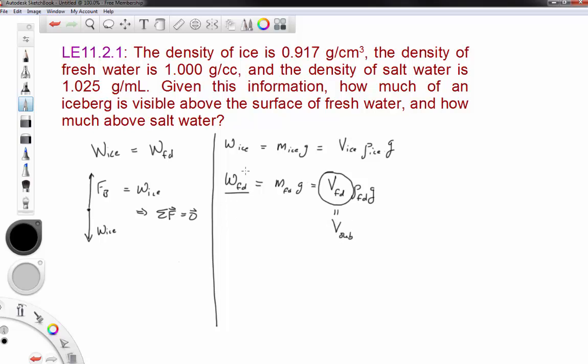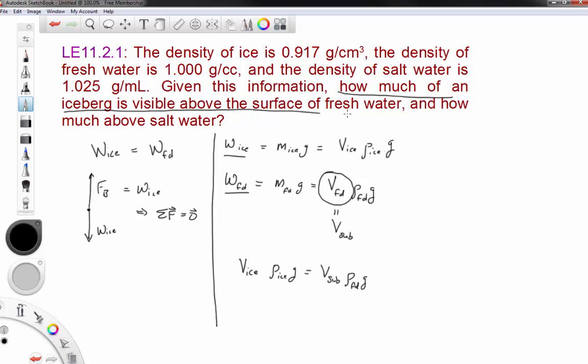So since this and this are equal, we should be able to write that the volume of the ice cube times the density of the ice cube times g is equal to the submerged volume times the density of the fluid times g. So what we're looking for here is, again, how much of the iceberg is visible.